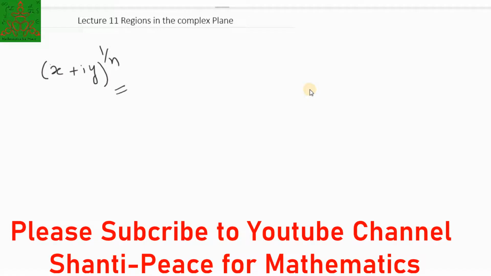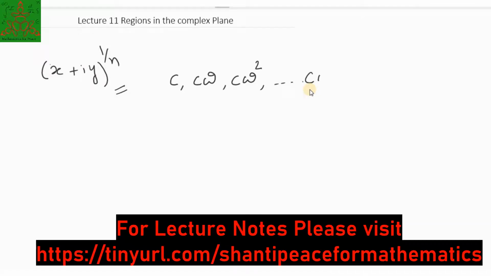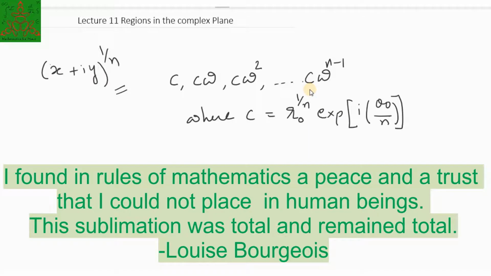They can be represented as c, c omega, c omega square, and so on up to c omega power n minus 1, where c is the nth root of r0 exponential of i theta 0 upon n, which is called the principal root, and omega equals exponential of i into 2 pi by n.